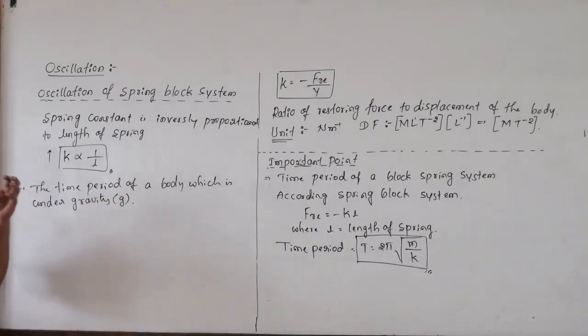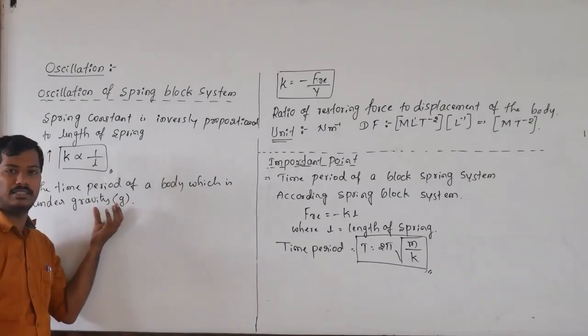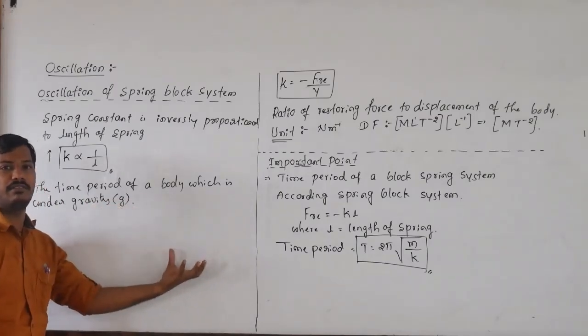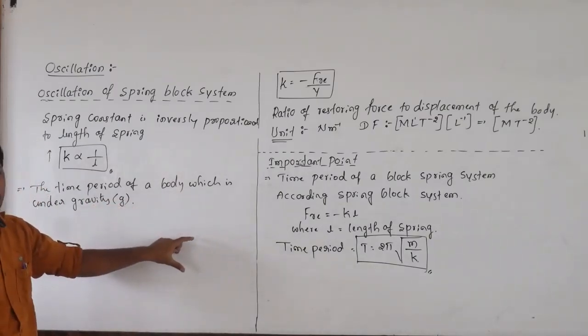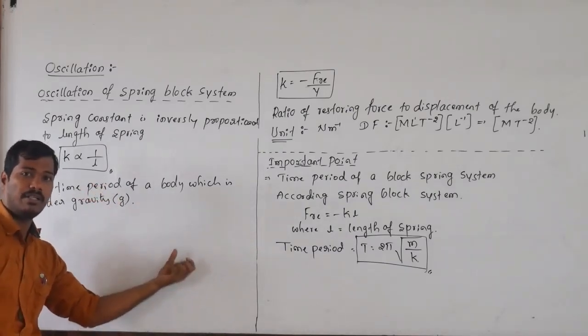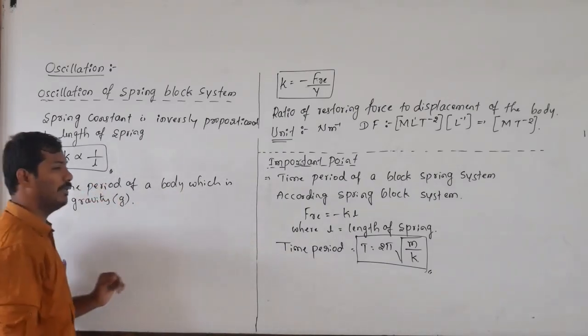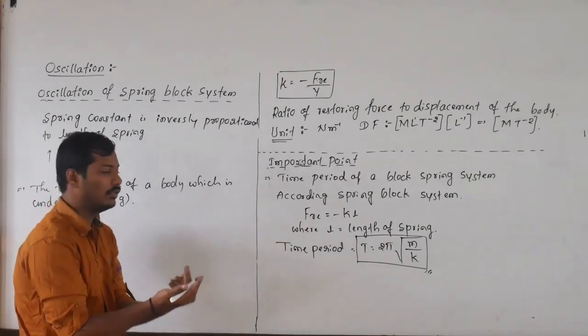If the body is just under the action of gravity, it means what? The spring is there, the body is also there, but that body is under gravity. It means the body is hanged.